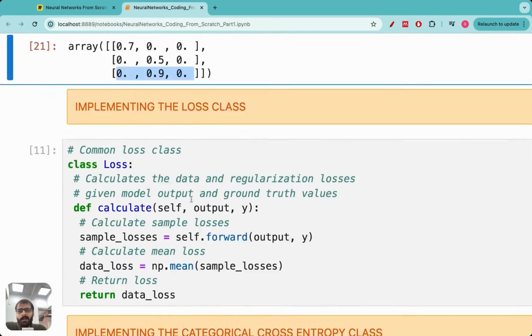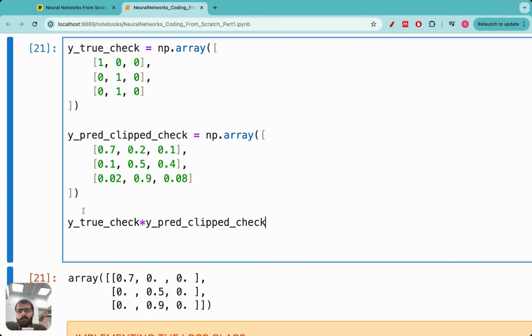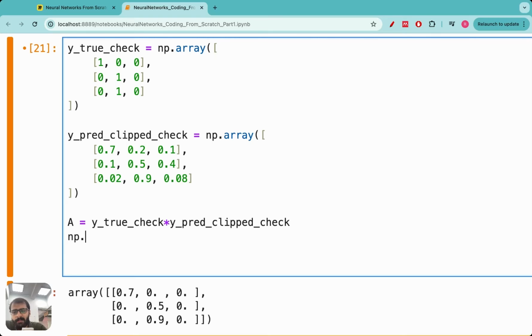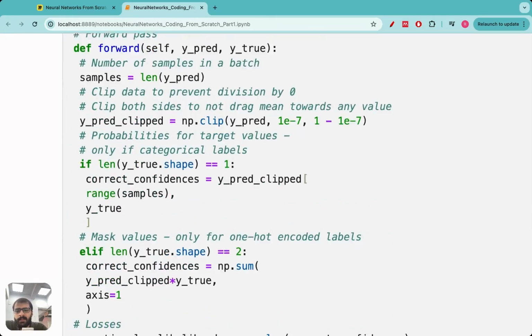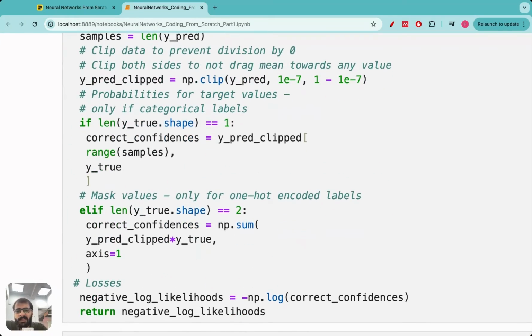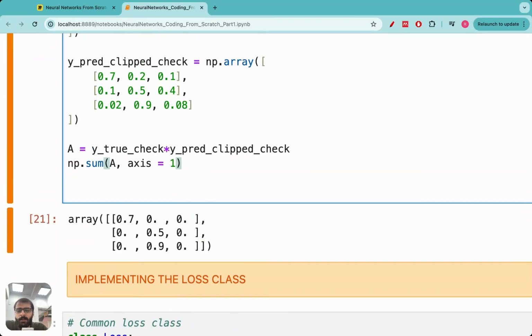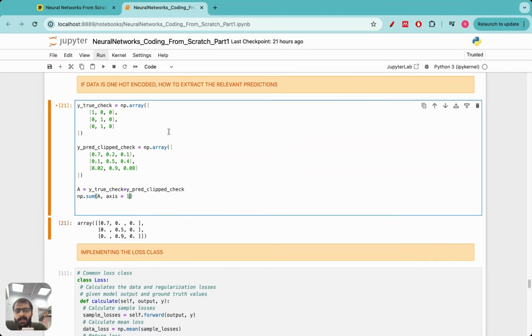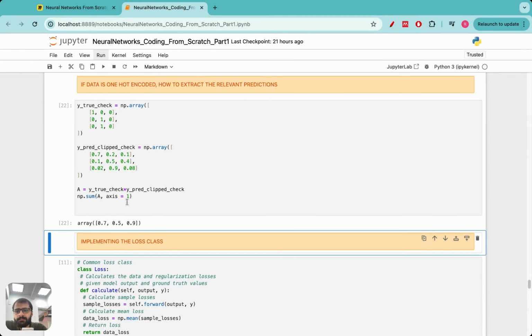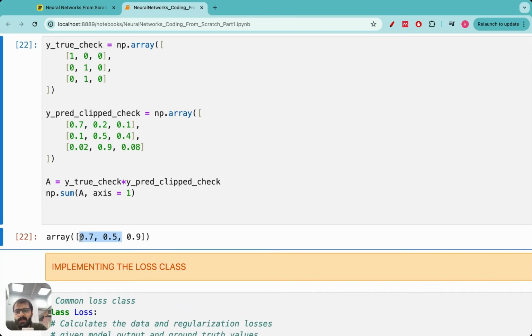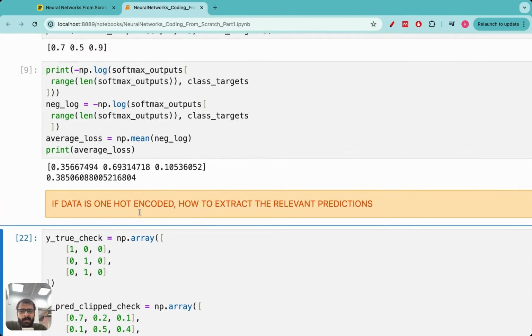Okay. And after this, let me just call this array a. Then you just need to do np dot sum a comma axis equal to 1. Let me run this now. Great. So then we again get 0.7, 0.5, and 0.9.